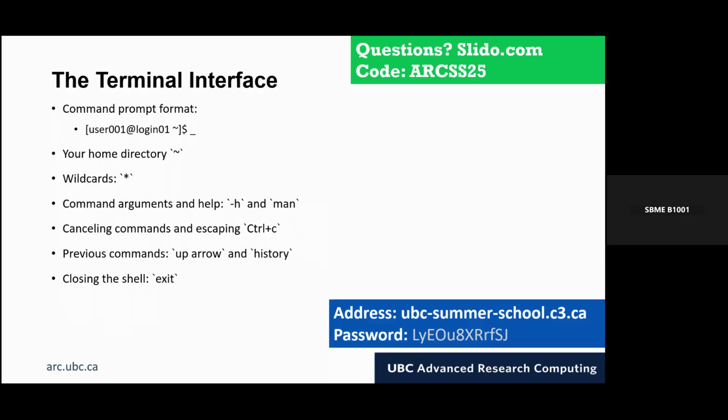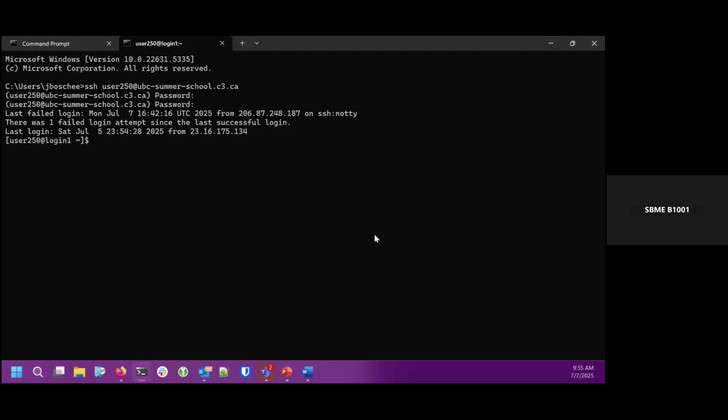I'll demonstrate that here briefly and just walk through some of these. So in this case, I've logged in and done a few things before. If I press the up arrow key on this, I can actually go backwards through some of my various commands that I've done before.